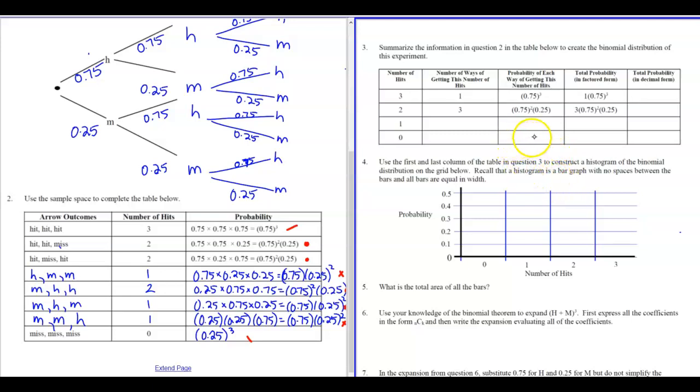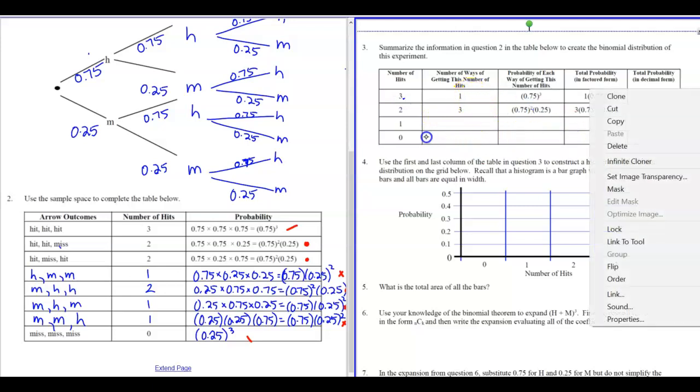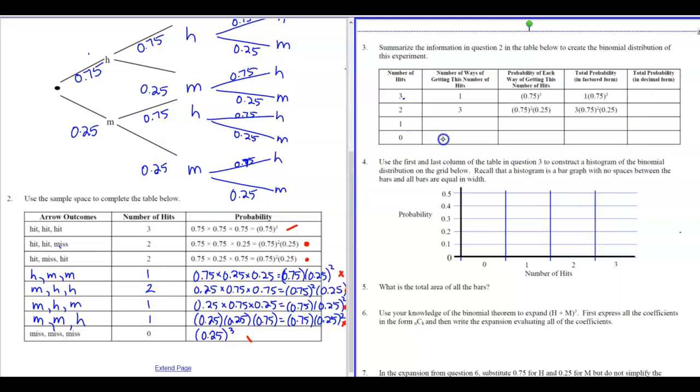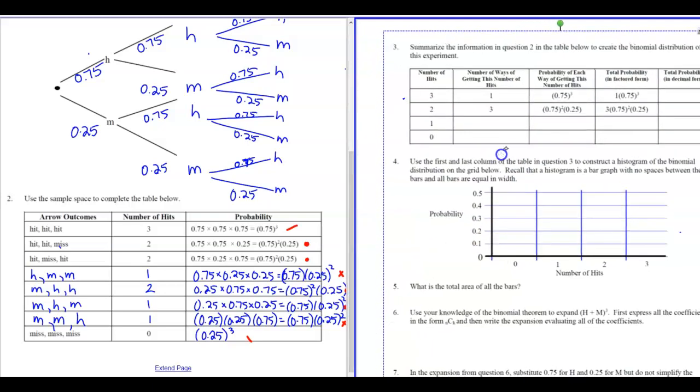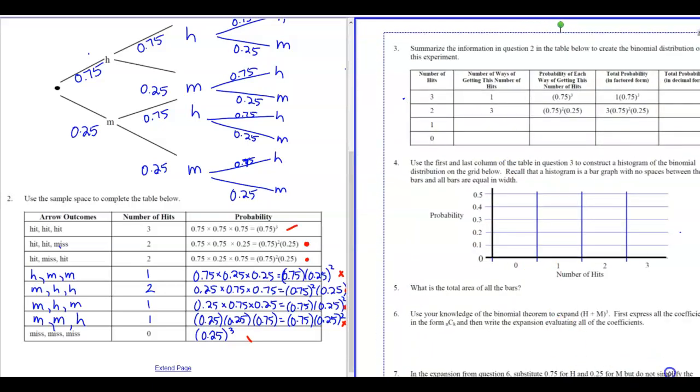When there's 3 hits, I should say, there's only one way of getting that, 0.75 cubed. 2 hits, there are 3 ways of getting that. So that's this, and this one.